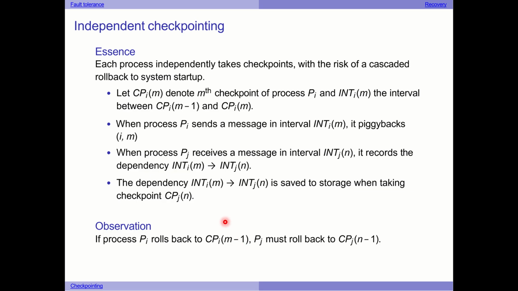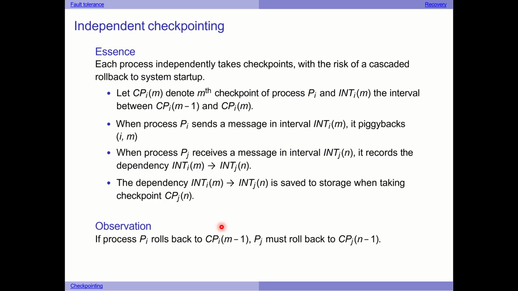Why does it have to roll back to the previous one? Because when P J does the processing, it uses information from P I. But now for P I, that information no longer exists after rollback.